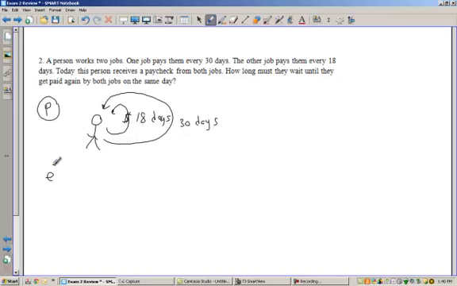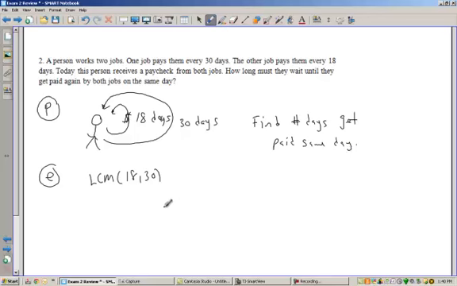So for our equation, what we need to find, our plan, is not the GCD, but the LCM of these two numbers, 18 and 30. So what we're trying to find is the number of days they get paid on the same day.